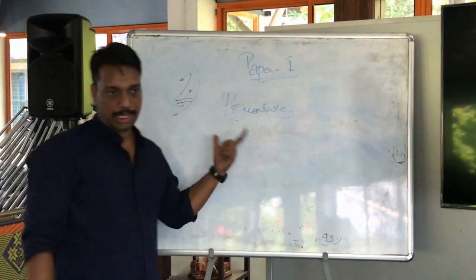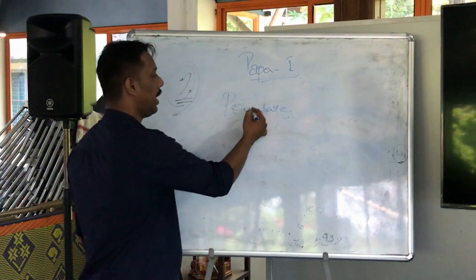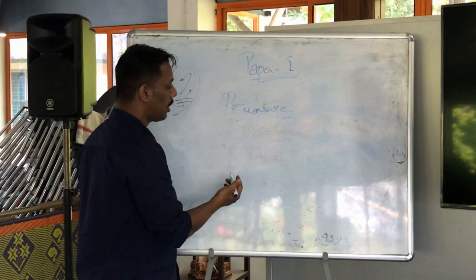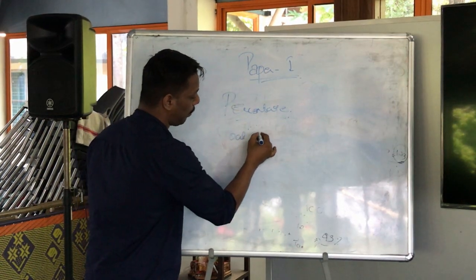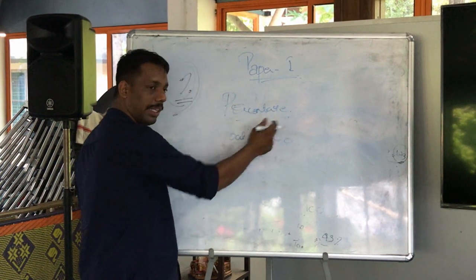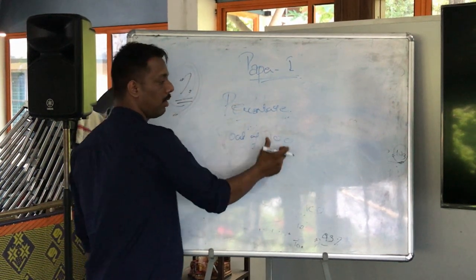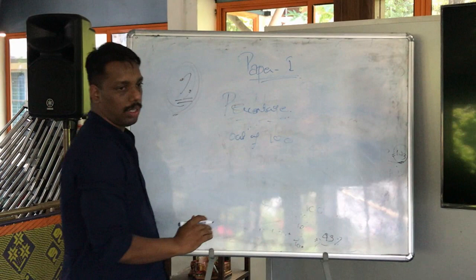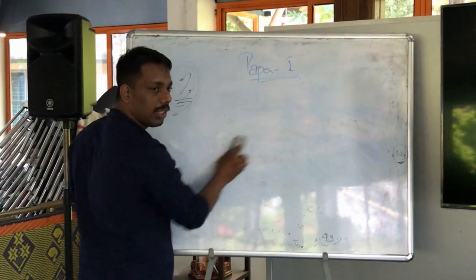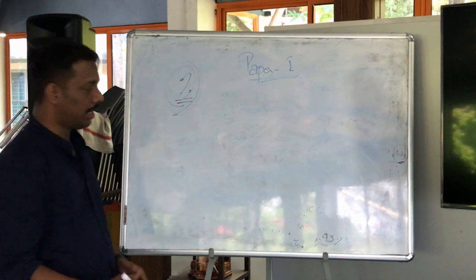Percentage means out of 100. Per means out of, and cent means 100. So percentage means out of 100, what is the value? That is the basic concept of percentage.